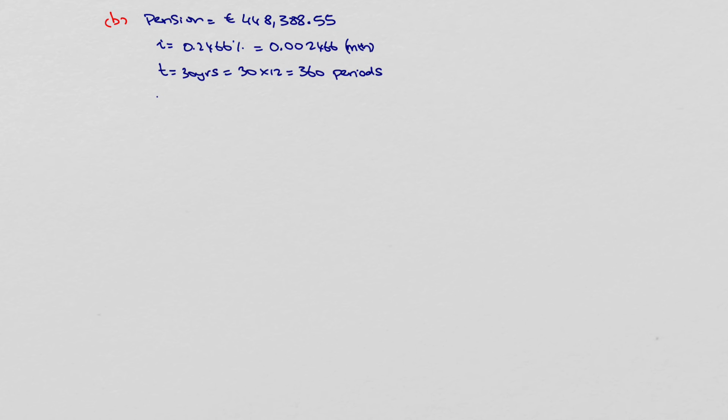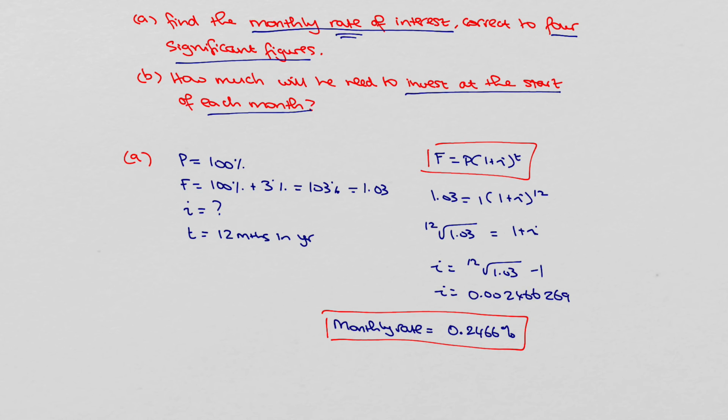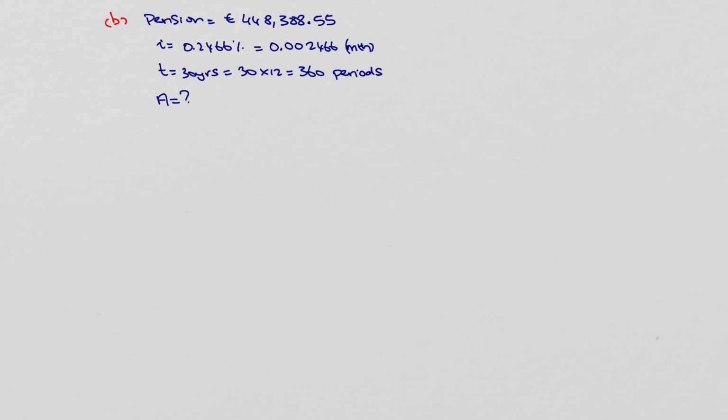So we want to know, well, what is the amount that he needs to invest? And he's doing that at the start of each month. Okay, so basically what that means is that our pension is going to be the sum of the future values of the investments.